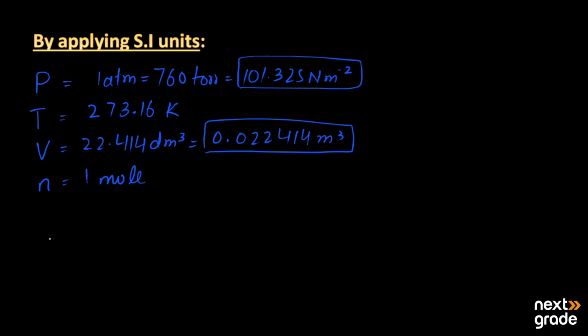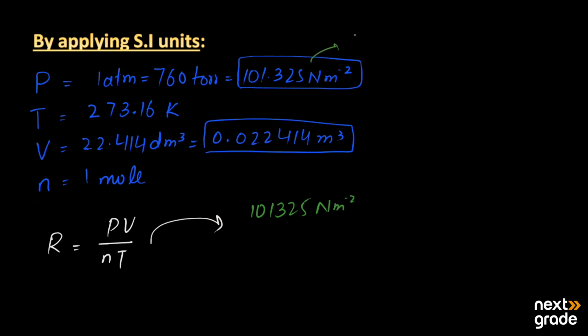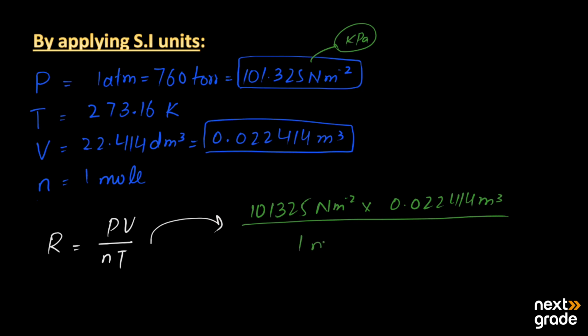Now we will calculate R, and the value of R is PV over nT. Now we put in the values. The pressure we have is 101,325 Newton per meter square, which is also equal to Pascal or kilopascal. We multiply it by the volume in meter cube, 0.022414 meter cube, divided by 1 mole of gas.